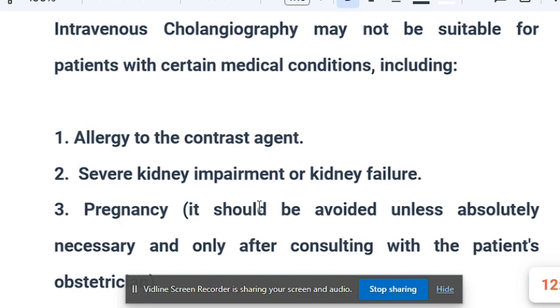However, maximum contrast agent is excreted from the liver, not from kidney, because in this examination we use ionic contrast agent, and ionic contrast agent is lipophilic, not hydrophilic.